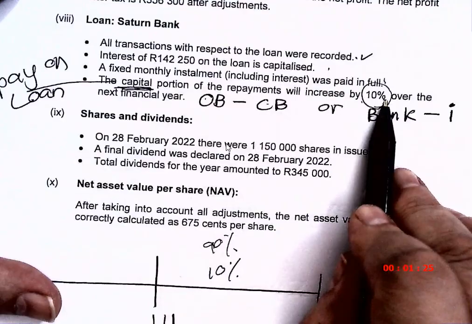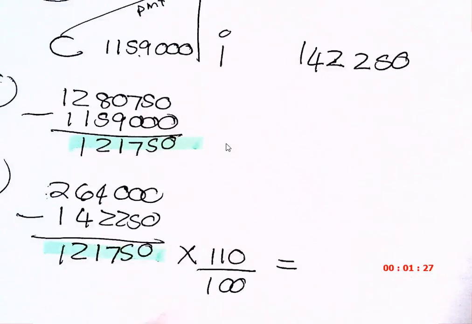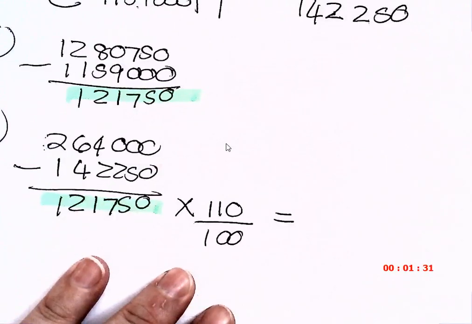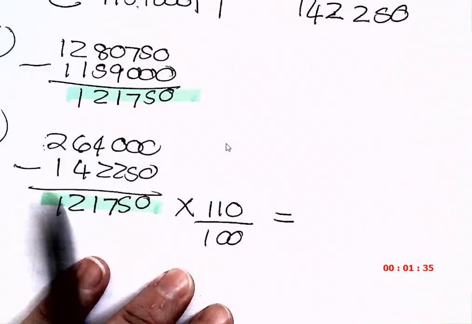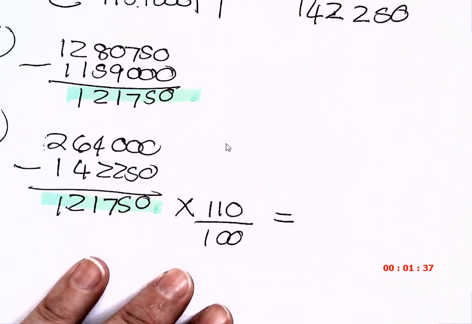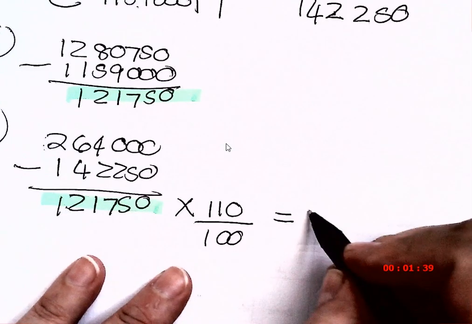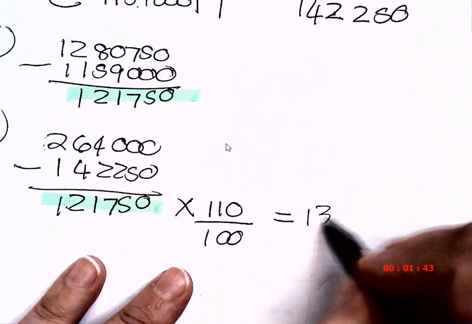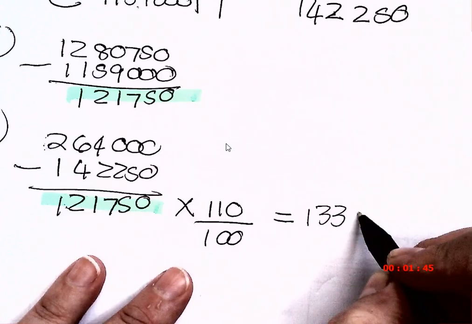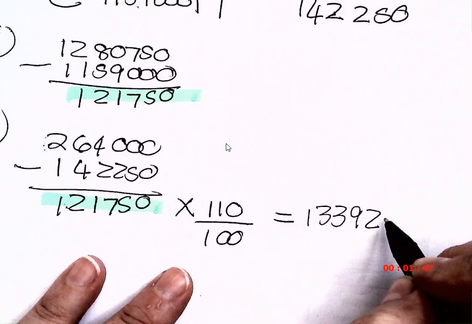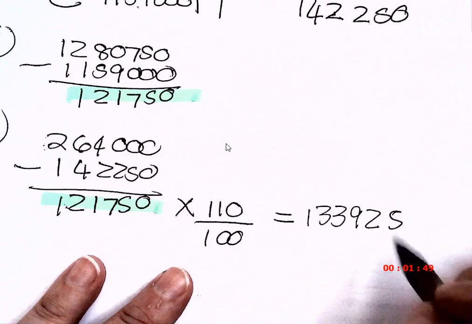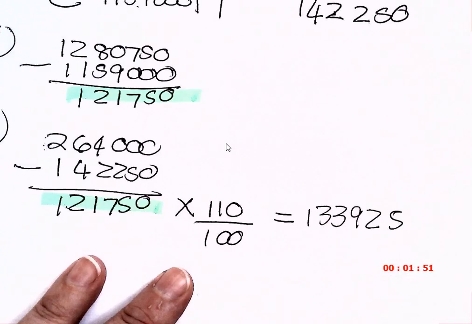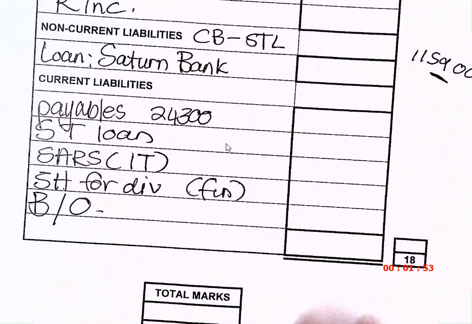will increase with 10%. Okay, so I want to calculate the 10%. And the 10% would be 110 over 100, because I add 10% to the existing amount. And that gives me what? Like that.